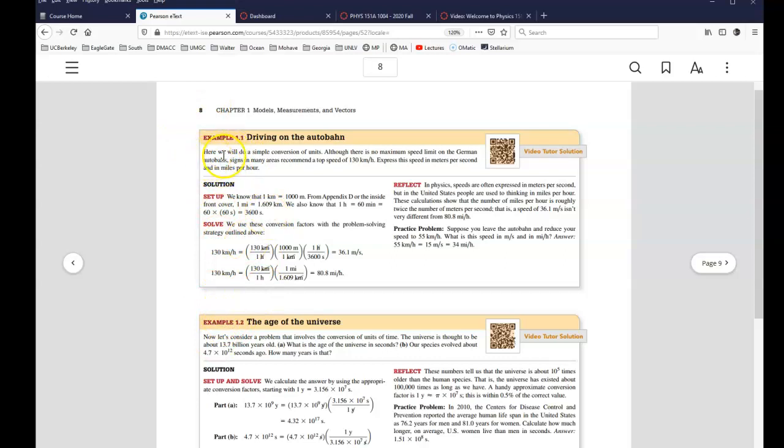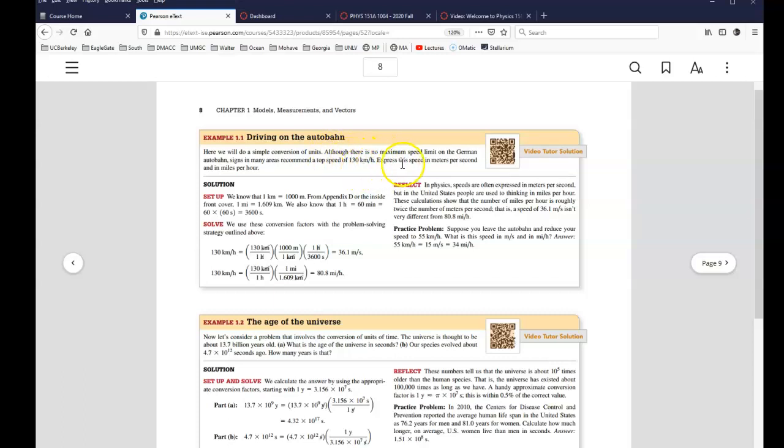It says here we will do a simple conversion of unit, although there is no maximum speed limit in the German Autobahn. This is the German highway, the interstate highway in Germany. And that's interesting that they don't have a speed limit. That's pretty cool. Signs in many areas recommend a top speed of 130 kilometers per hour. So let's assume that this is the speed limit on a particular section of the highway, 130 kilometers per hour.